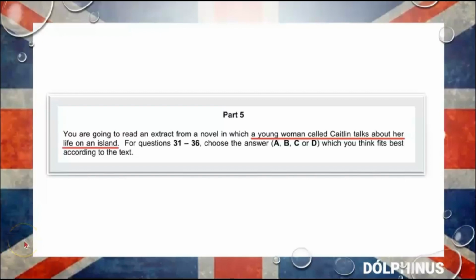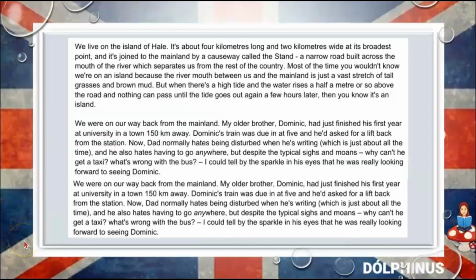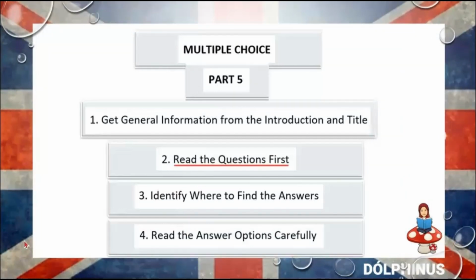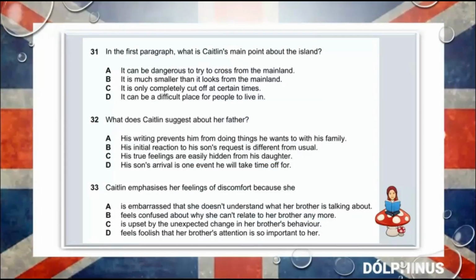So now that we know what it is about, we do not read the texts. What do we do? We read the questions first. The questions include the information we have to search for and sometimes even tell us directly where it is.